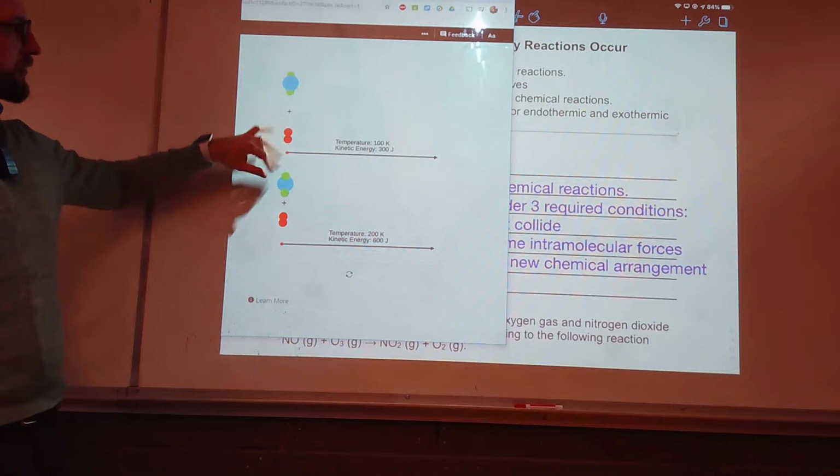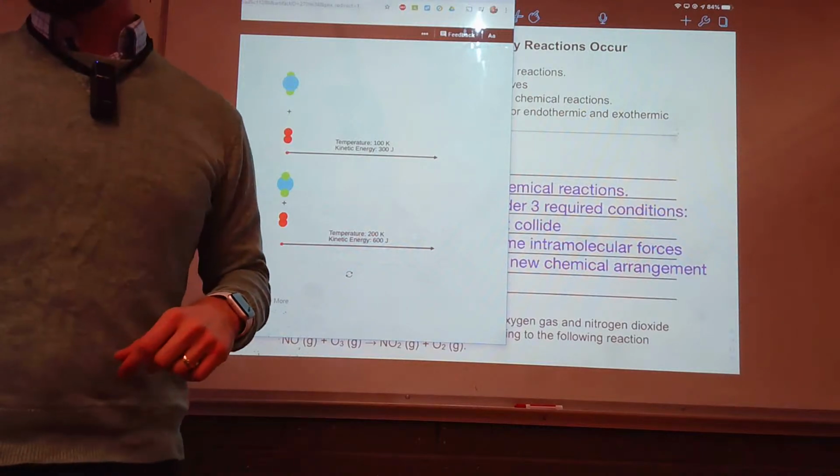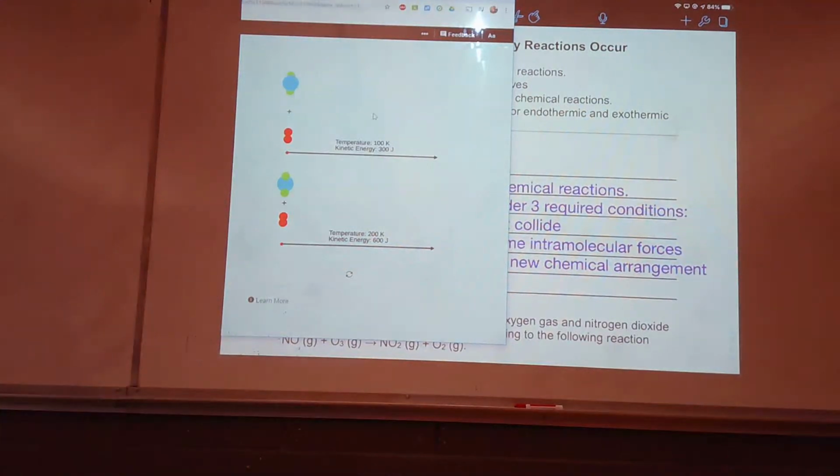And these molecules are coming together. If they have low energy, so notice the temperature here is only 100 Kelvin, then the amount of kinetic energy they have is low. So as they come towards each other, they should just bounce into each other.